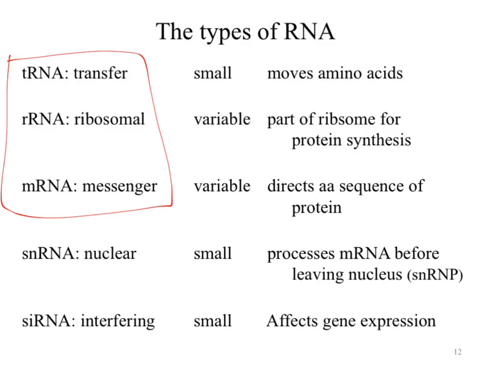Your siRNA are interfering. So your S is again for that small, and they're interfering, meaning what they're doing is they're getting in the way of some process happening. Well, they're still genetic information. So what's happening is that small interfering RNA will get in and bind to different sequences, either in the mRNA or in, say, DNA, and prevent certain processes or prevent certain genes from being expressed.